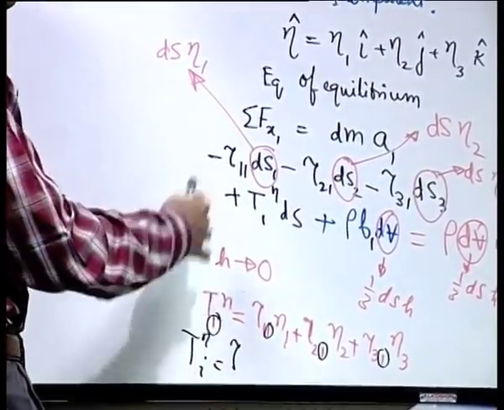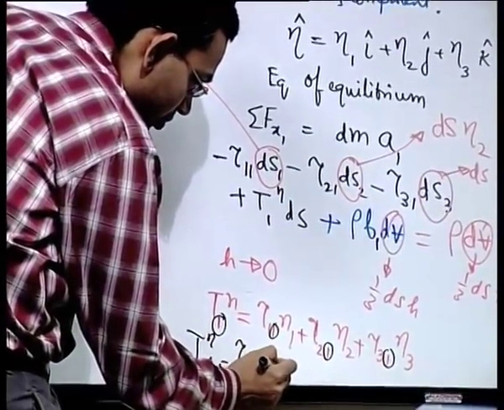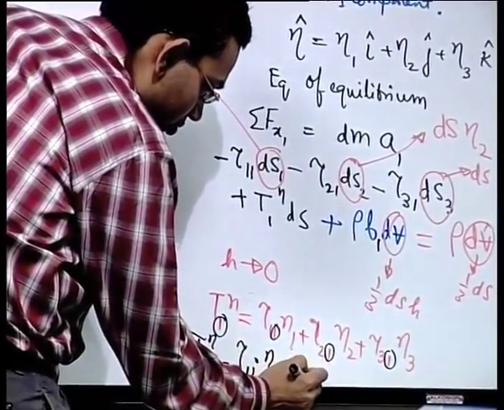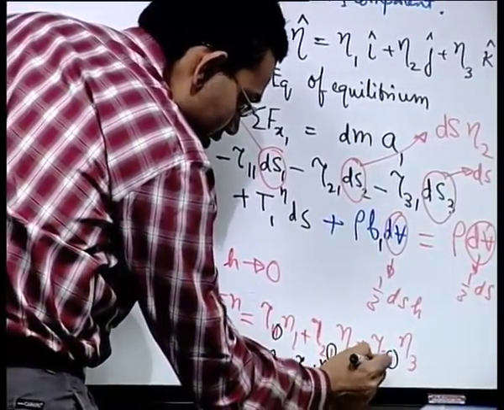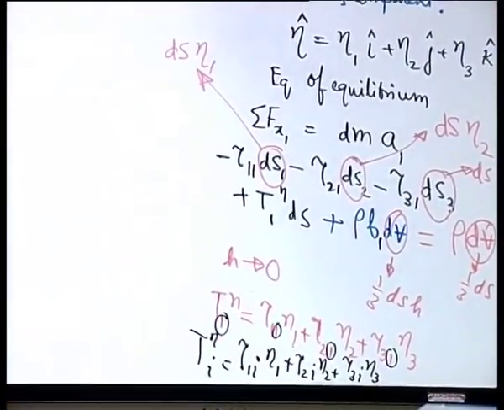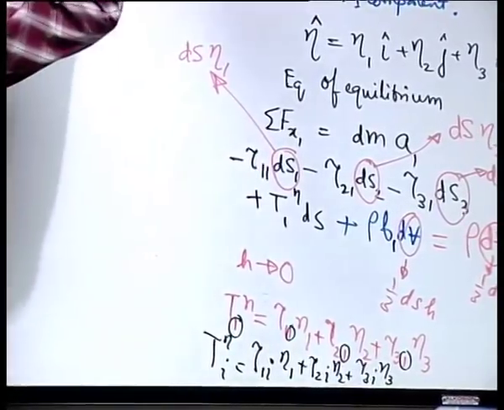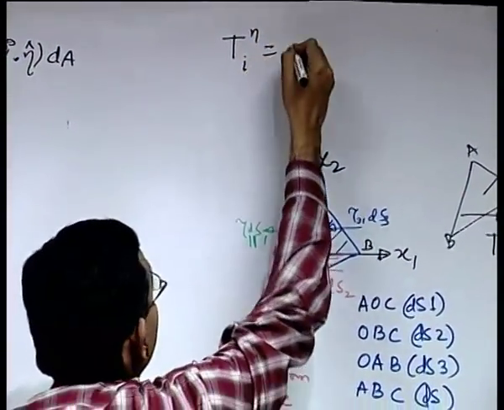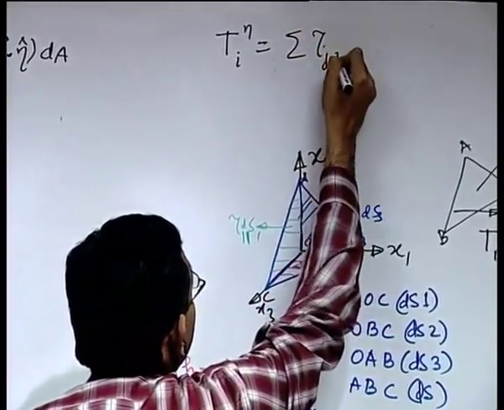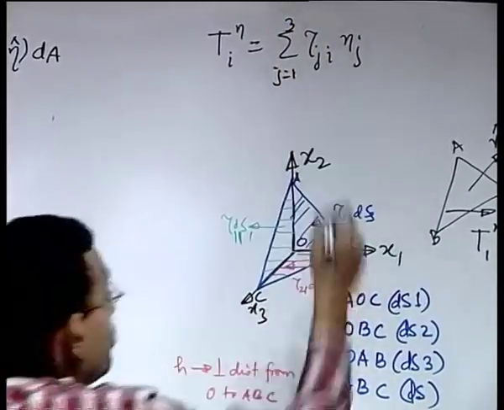This could be 1, 2 or 3, so to generalize we call it I: tau 1I eta 1 plus tau 2I eta 2 plus tau 3I eta 3. So, in a compact notation we summarize our result: we write T I eta is equal to the summation of tau jI eta j, where j is equal to 1, 2, 3.